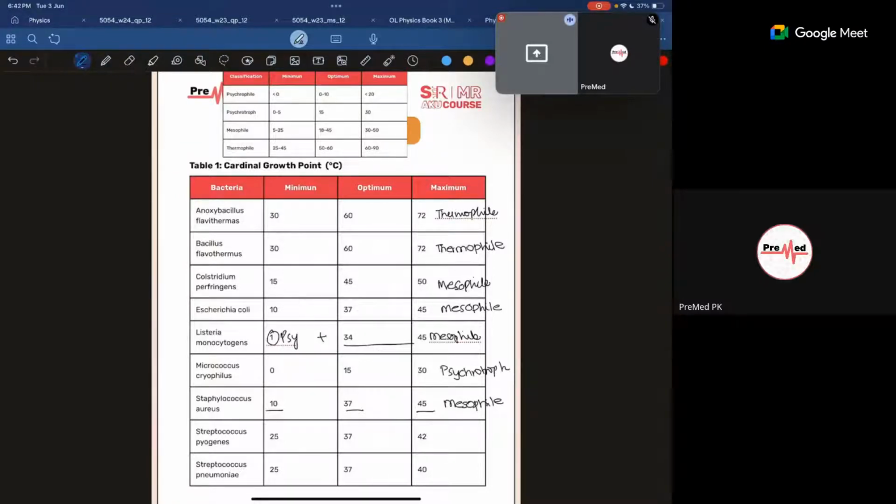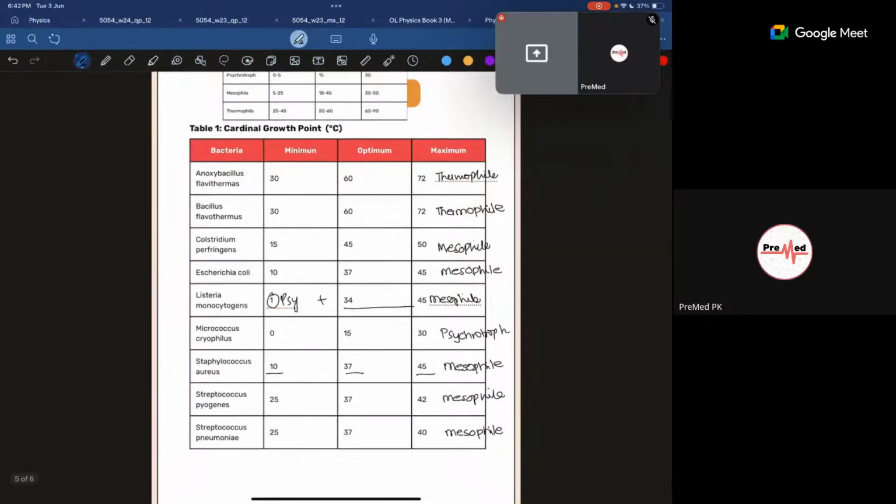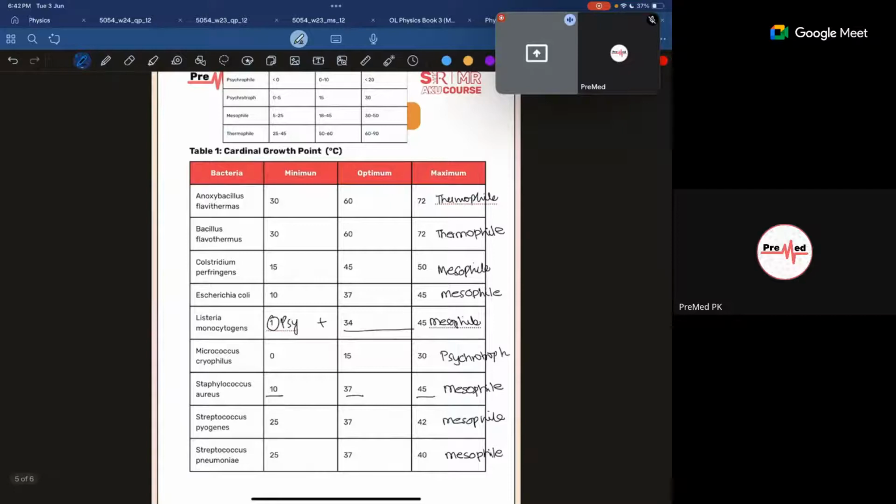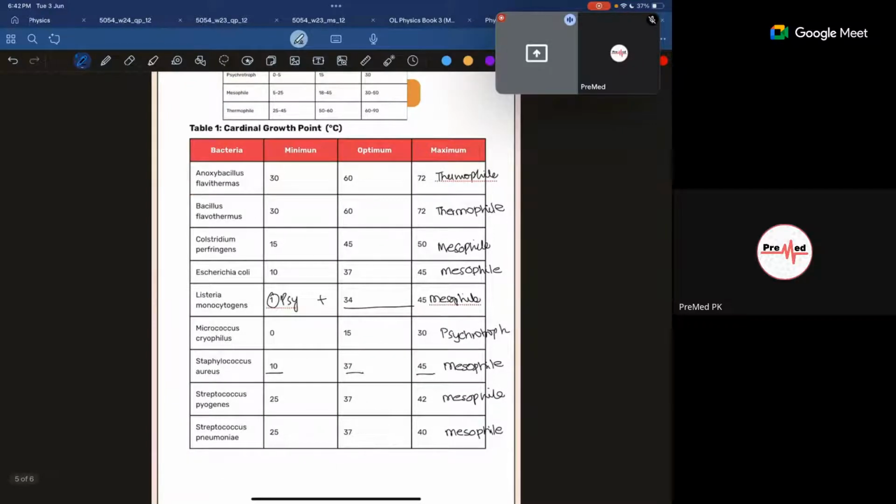For the eighth bacteria, it has a minimum of 25, optimum of 37, and a maximum of 42, that again fits into the mesophile category. And for the last bacteria, 25, 37, 40, again mesophile category. So by this we can see that there are a lot of bacteria that actually fit into the mesophile category.